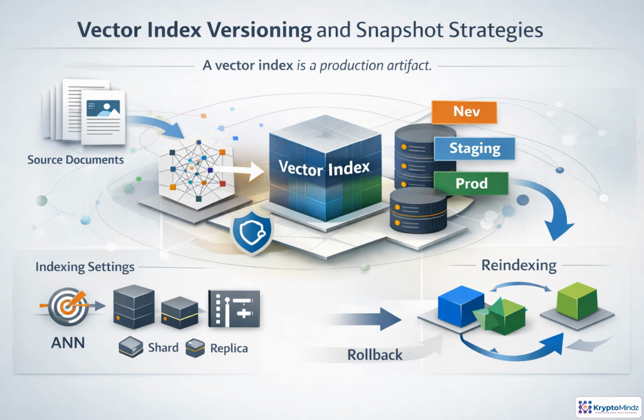Label versions clearly across development, staging, production, and historical snapshots. Build new indexes as candidates, validate retrieval quality and operational behavior, then promote them with a controlled traffic switch. For ongoing change, choose the right strategy: incremental updates, full rebuilds, blue-green deployment, or backfills when historical data needs correction.